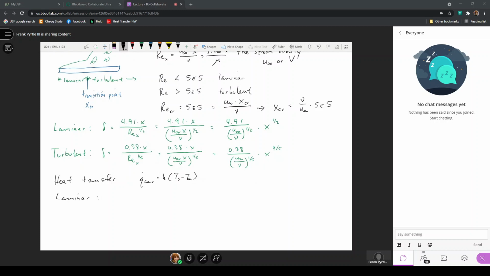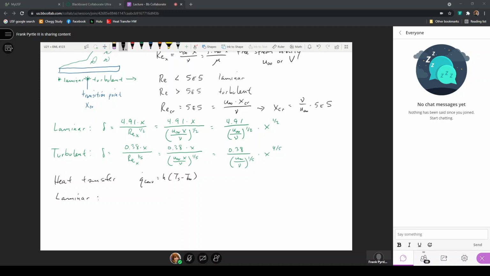So if the heat transfer coefficient changes as a function of position, and we consider, let's say, the surface temperature to be a constant and the free stream temperature to be a constant, then as h changes, so will the heat flux by convection.